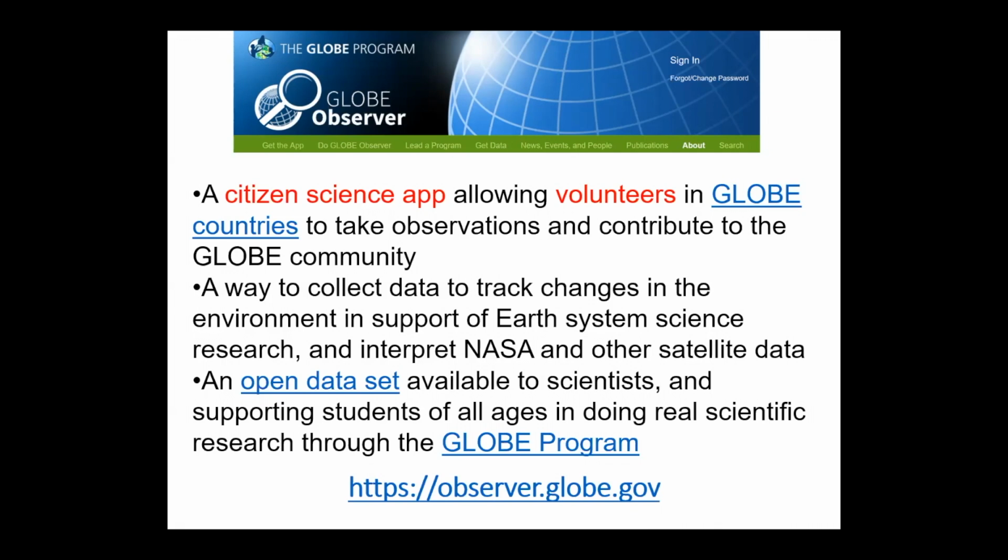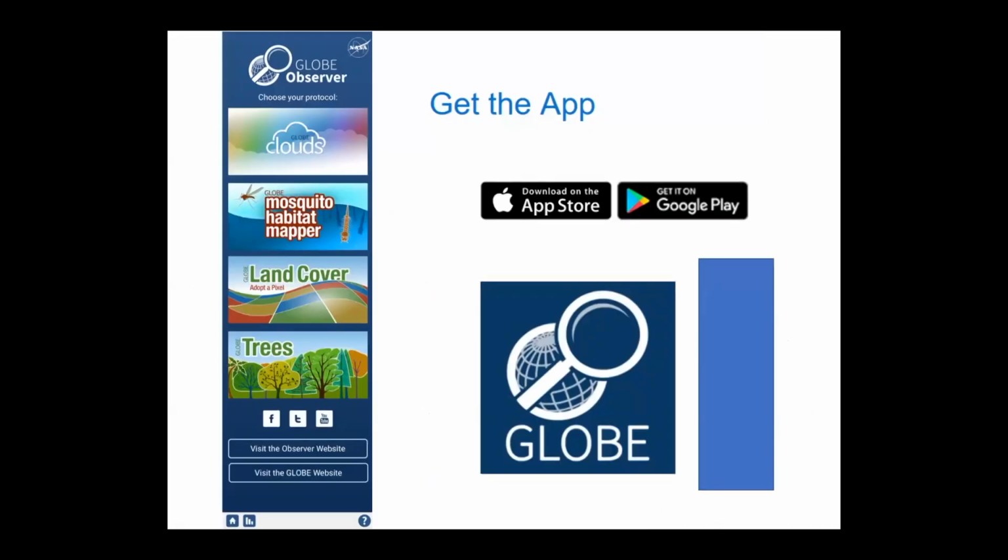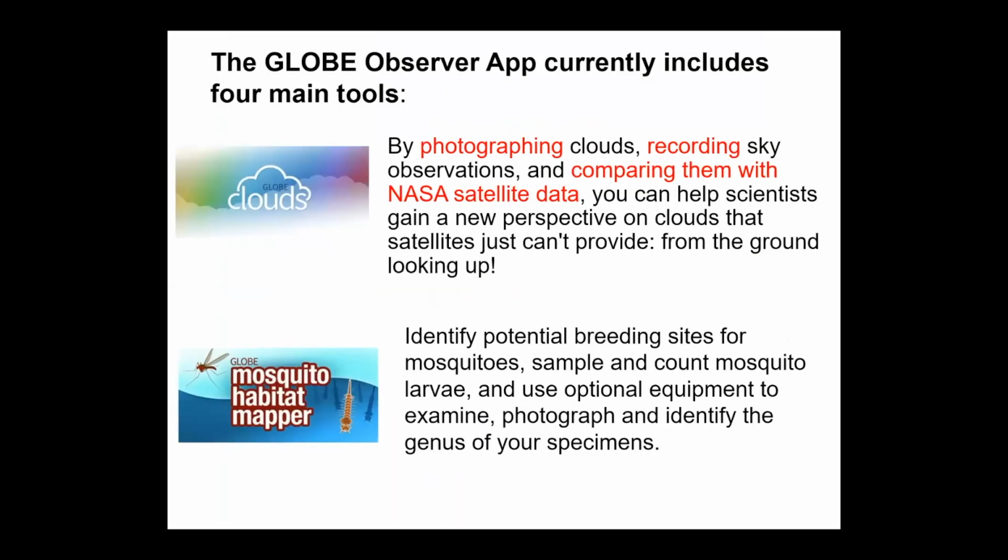It's something you can use on your phone or your tablet. You just go get the app, in the usual places where you get apps, and it will give you access to four different areas: clouds, mosquito habitat mapper, land cover, and trees. And this is very, very student friendly.